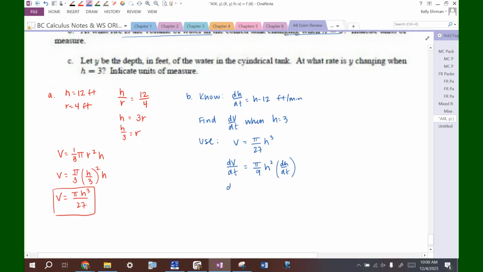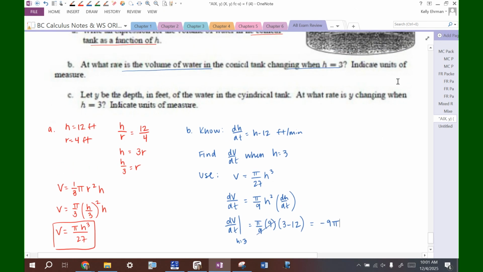So I don't know dV/dt at h equals 3, but I can plug in 3 here. 3 squared is 9. And remember, dh/dt is h minus 12, but that'll be 3 minus 12. And I just need to calculate, right? So the 9's cancel. This is negative 9 pi.